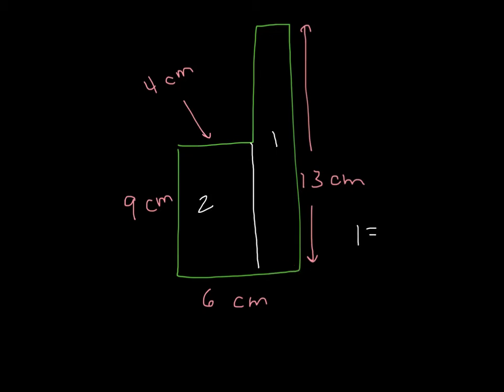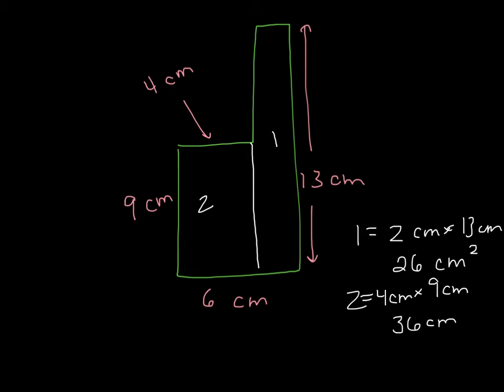Knowing that the base is 2 centimeters and the height, which is located on the side, is 13 centimeters, 2 times 13 comes up with an answer of 26 centimeters squared. Now for rectangle number 2, I see that the base is 4 centimeters, and the height is 9 centimeters. 4 centimeters times 9 centimeters equals 36 centimeters squared.